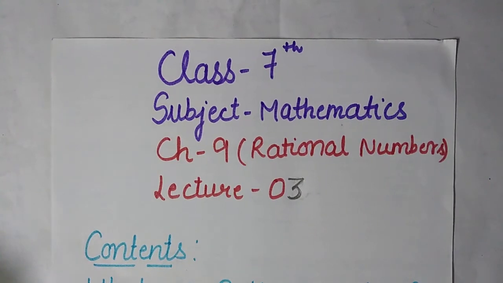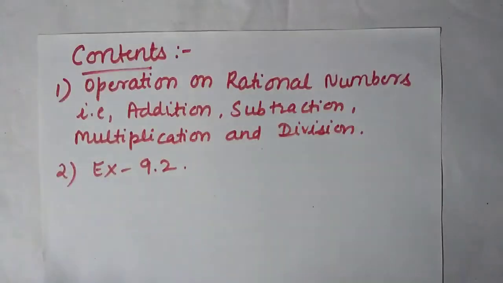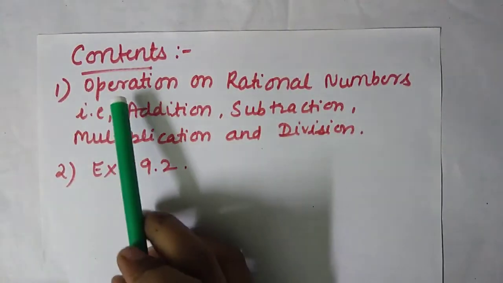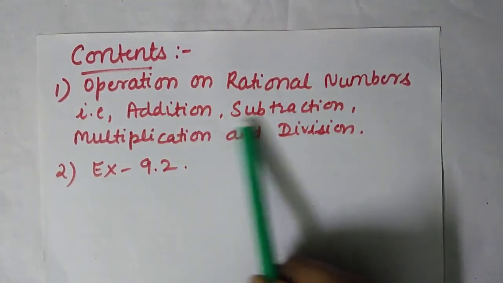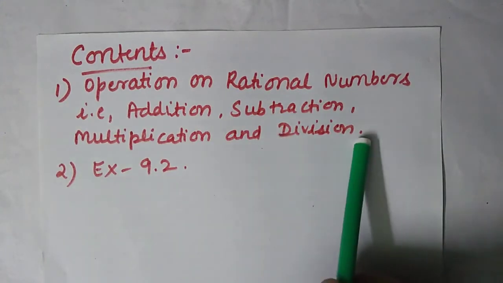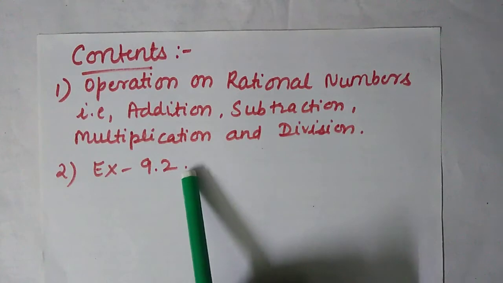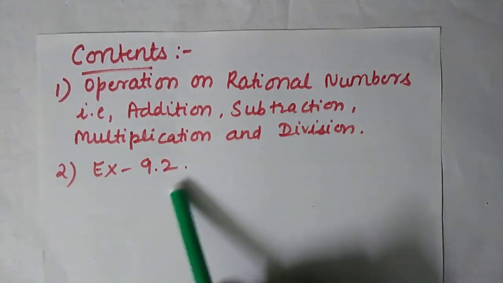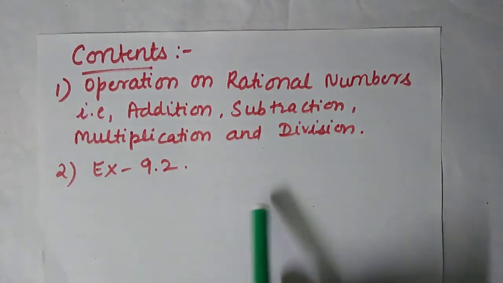So, for today's lecture, we are going to discuss the following topics: first, operation on rational numbers, that is addition, subtraction, multiplication and division of rational numbers. And then we will discuss questions of exercise 9.2. And this is the last lecture of this chapter, that is chapter number 9, rational numbers.